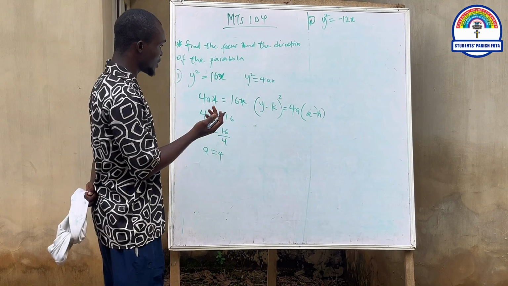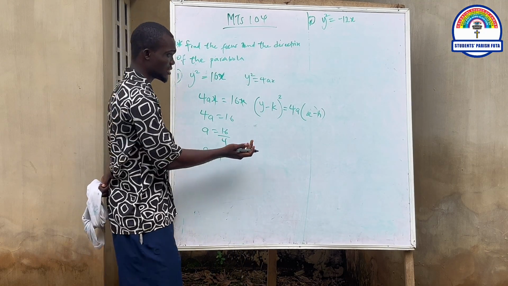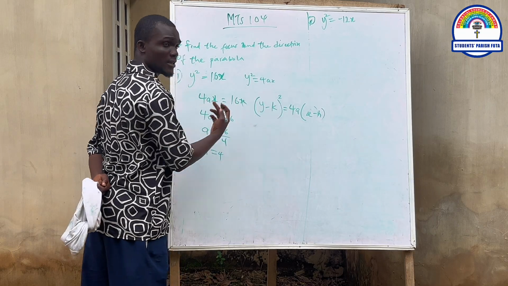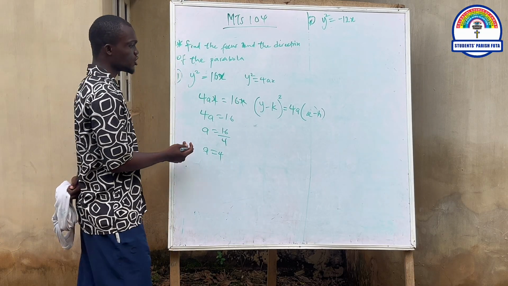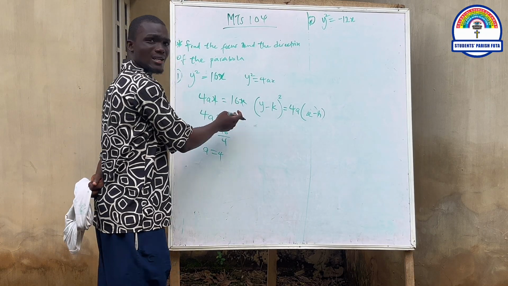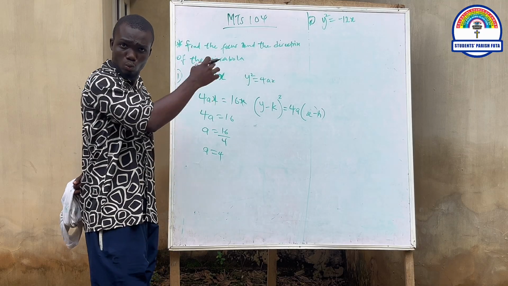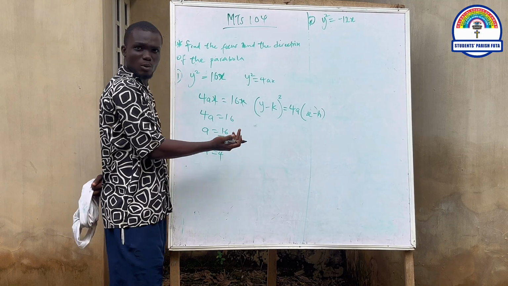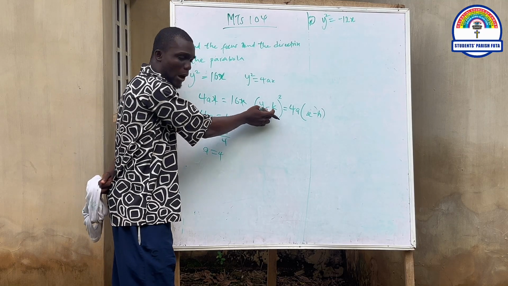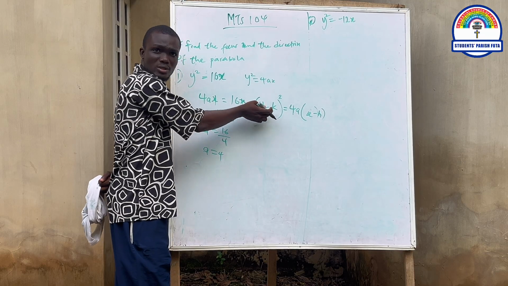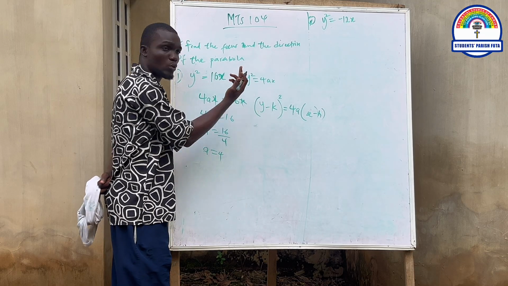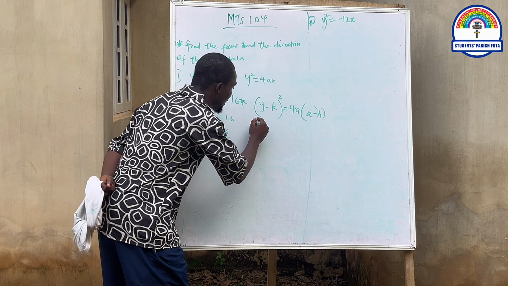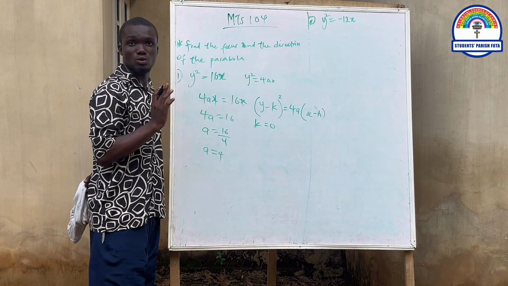Do you understand? So now you can see we have k, we have h, and we still have a. To make y squared stand alone, our k must be equal to something, right? So here our k will be equal to 0, which means y minus 0 is still y, squared that's still y squared. So our k here is equal to 0.